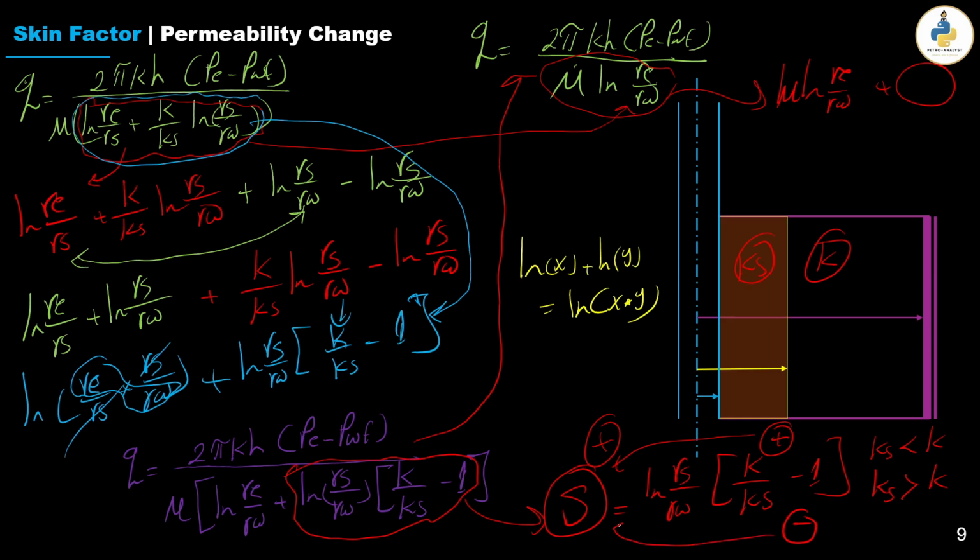And so the skin factor will be negative, and so we have enhancement in the altered zone compared to the actual reservoir permeability. And if Ks is equal to K, this term will be 0, and so the skin will be 0.